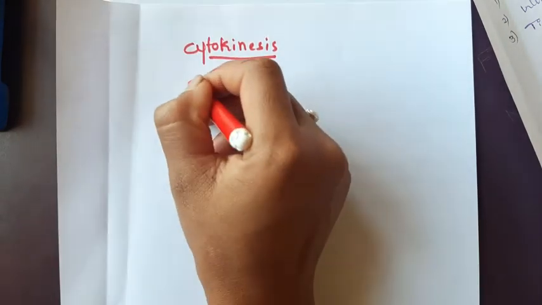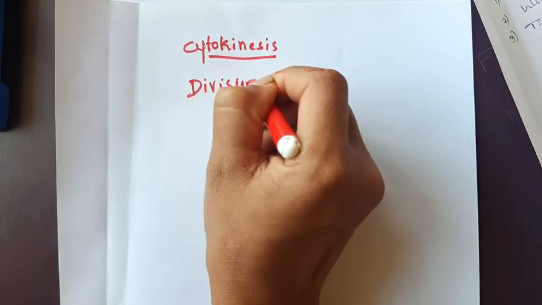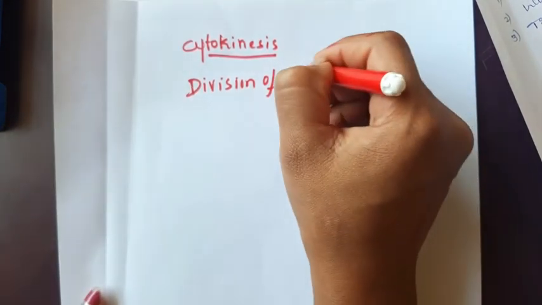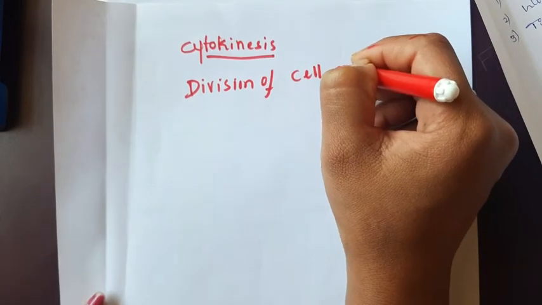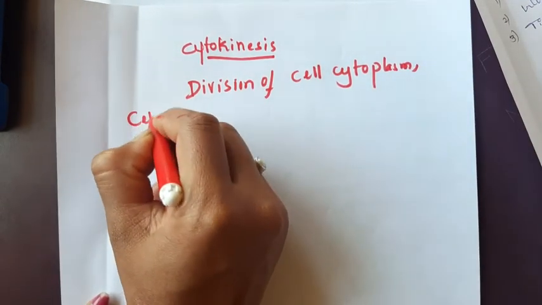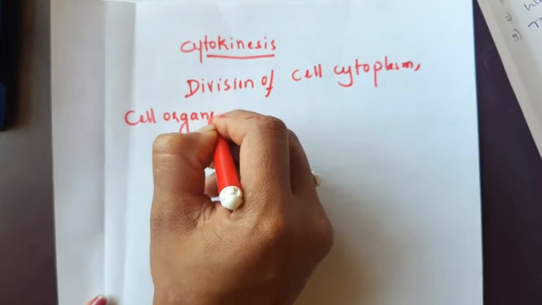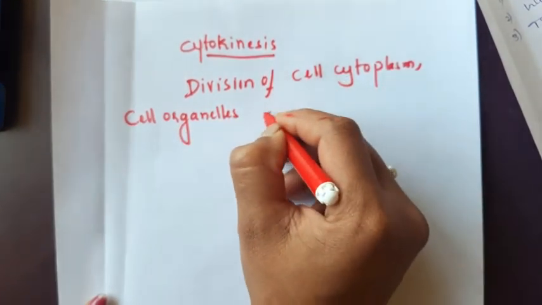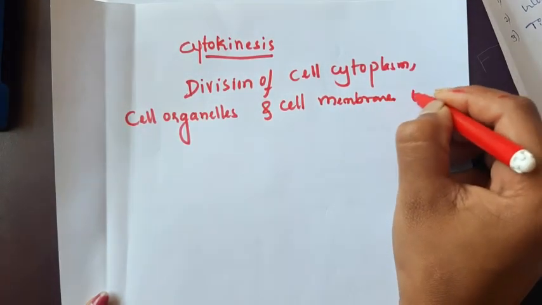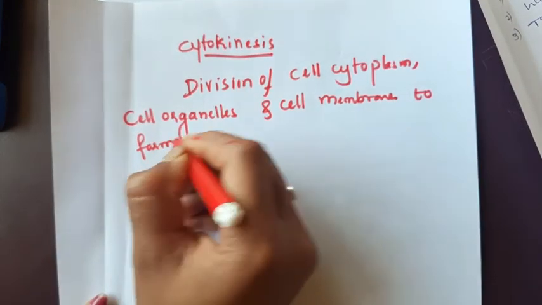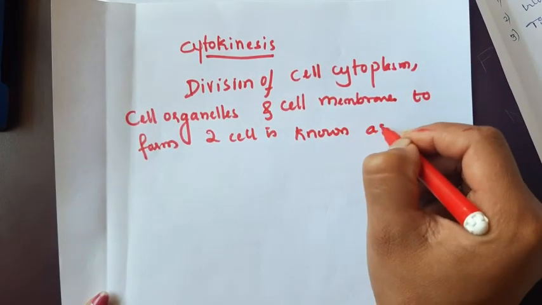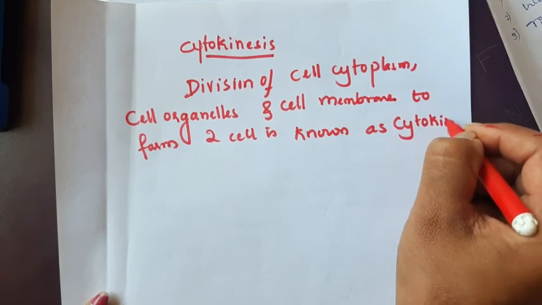I will write here: division of cytoplasm, cell organelles and cell membrane to form two cells is known as cytokinesis.